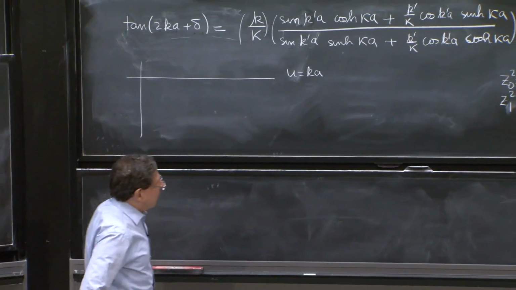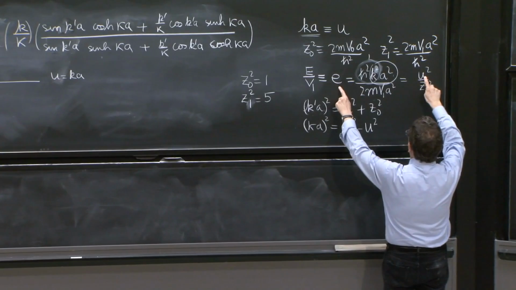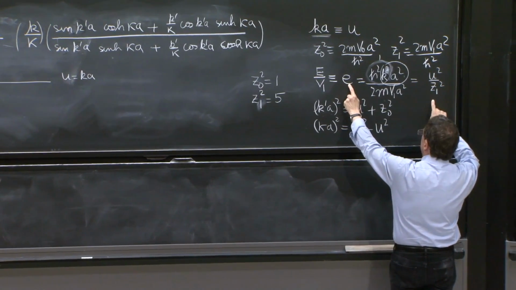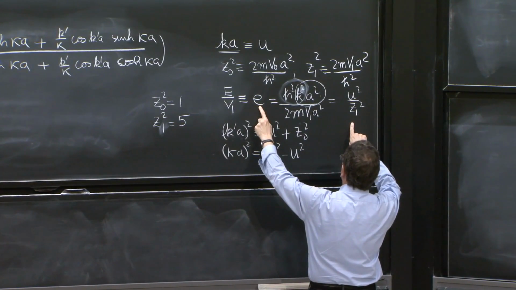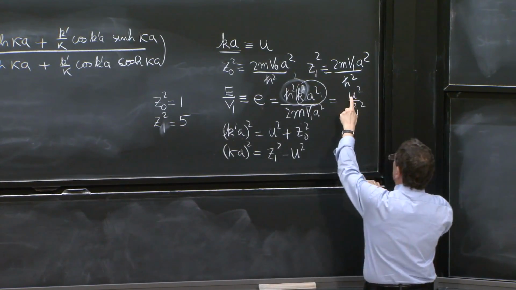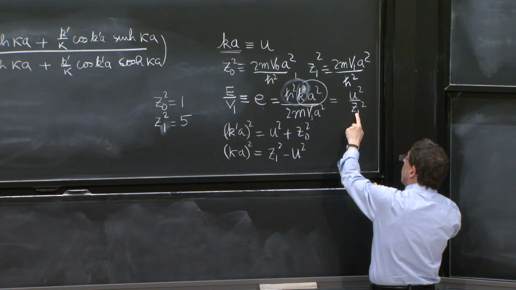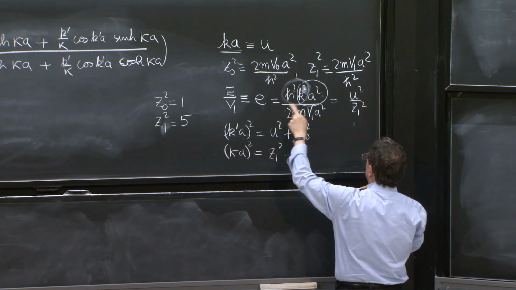Now from this equation, we see that u, little e, must be at most 1 for our formulas to be correct. So u must be up to z1, because you must keep this ratio less than 1.